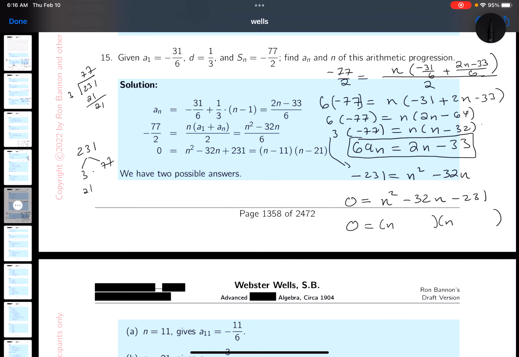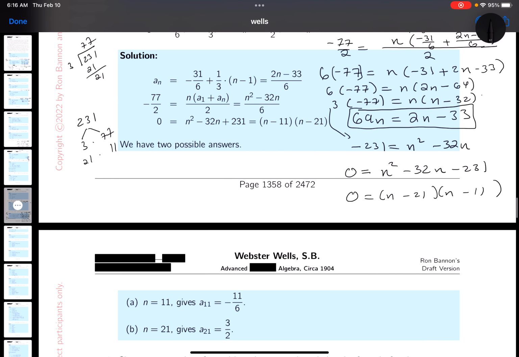I get 21 and 11. And 21 and 11 looks like a good candidate because it does give me 32. So let's write this down, and I'll still check it. N squared minus 32N minus 231. Everything worked out well. So what do you get over here? You get N equals 21 or, and they're both integers, by the way, N equals 11.